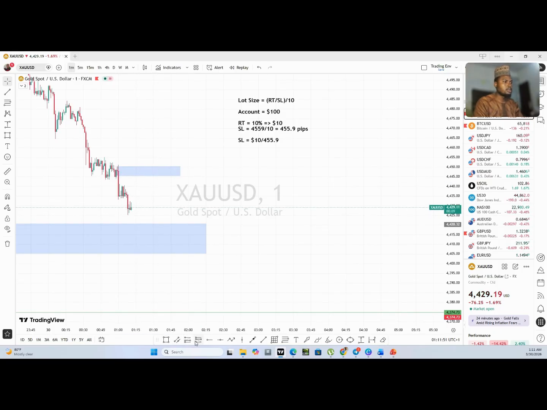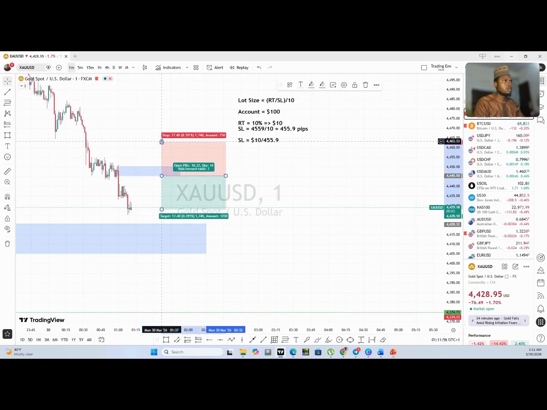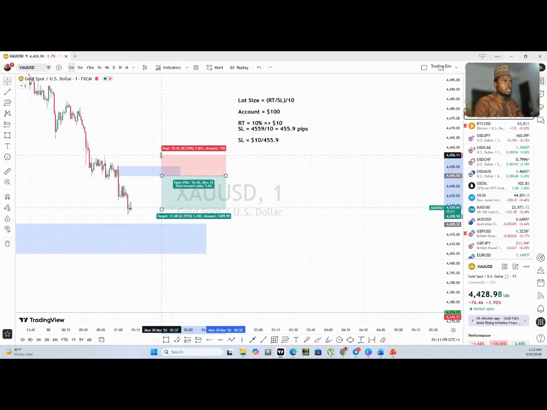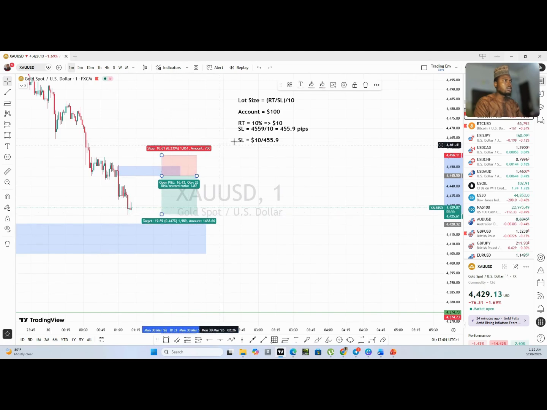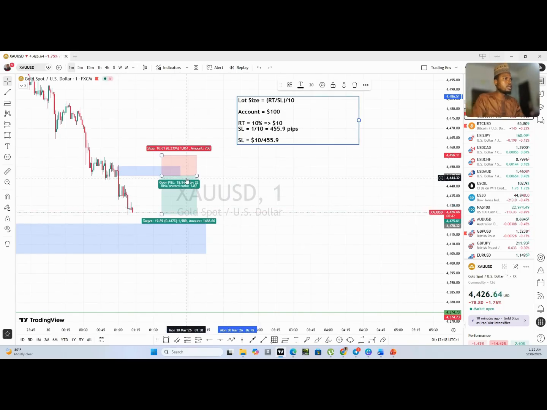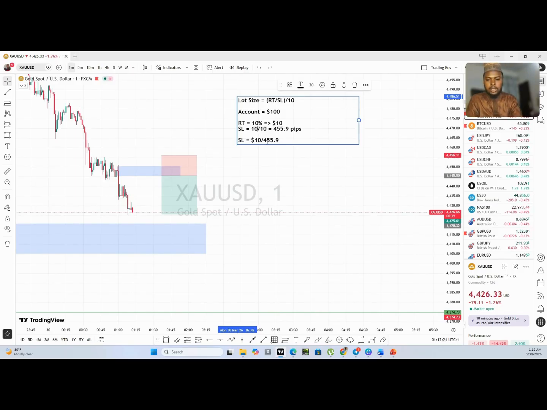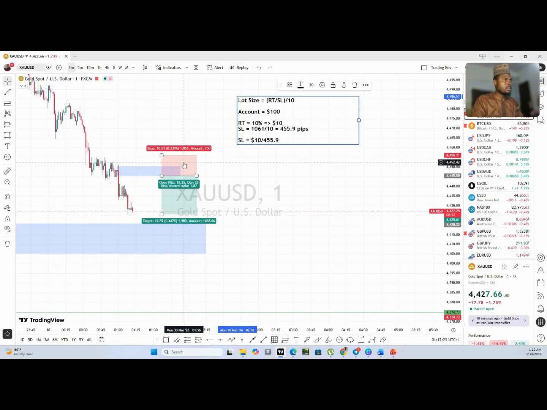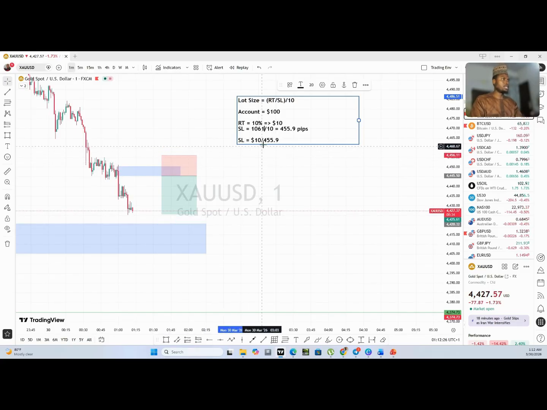So let's say this is our SL. Our SL from the TradingView position tool is going to be 1061. So let's say 1061 divided by 10.